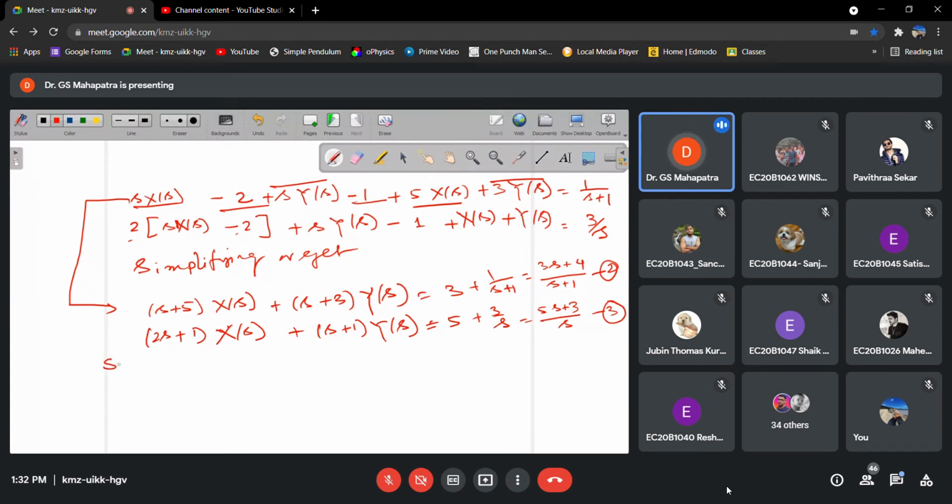Now this is your work. I will write only. Solving the algebraic equations. This is our algebraic equation. Now the task is to solve these two equations, equations 2 and 3, for x of s and y of s.